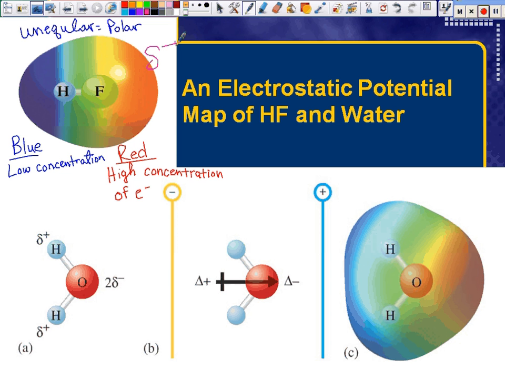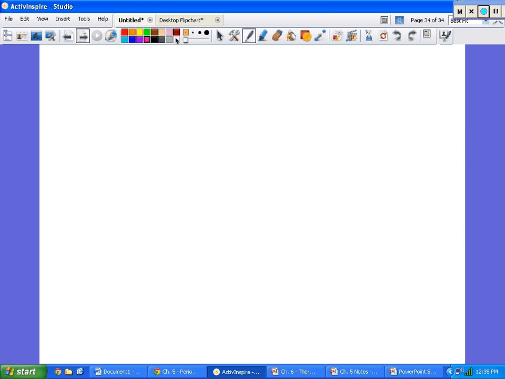Now, I also want to show you this on my drawing because it's a little bit cooler to see it this way. According to this molecule, what is this molecule? It's water. This is water.